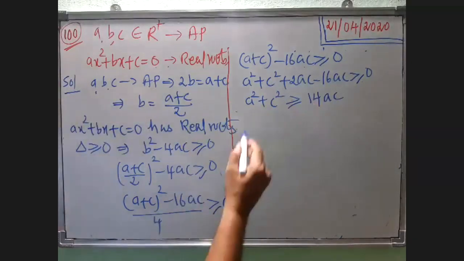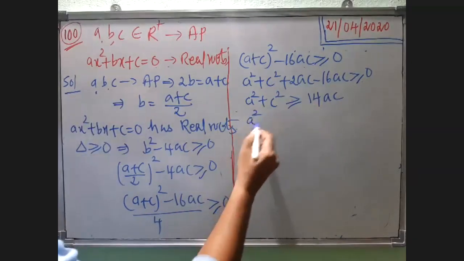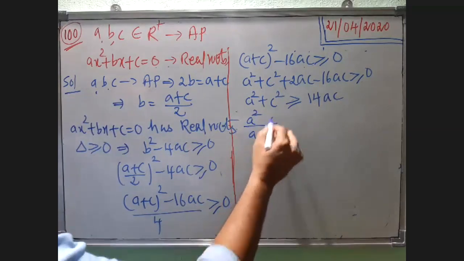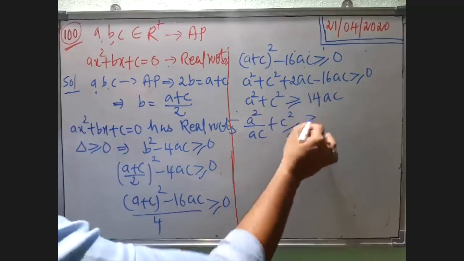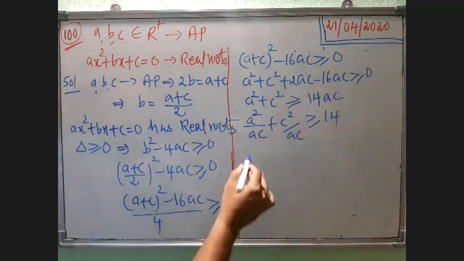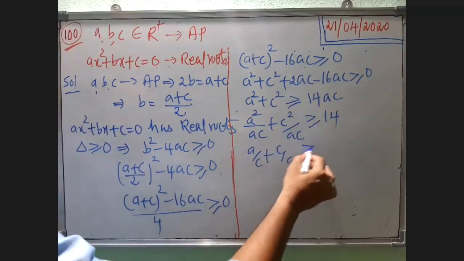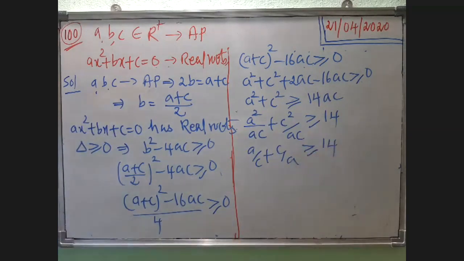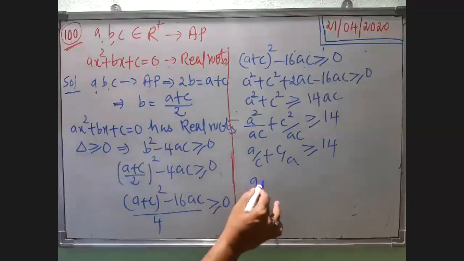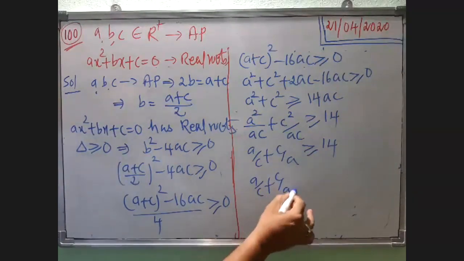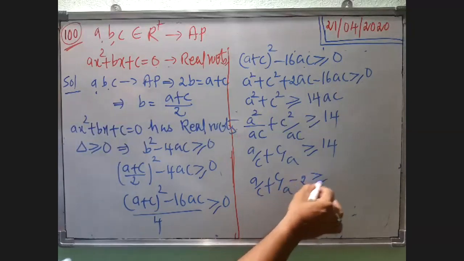I will divide by ac. Let us see what I am getting. A square by ac plus c square by ac is greater than or equal to 14. I am getting a by c plus c by a greater than or equal to how much? 14. I will write a by c plus c by a minus 2 greater than or equal to how much?